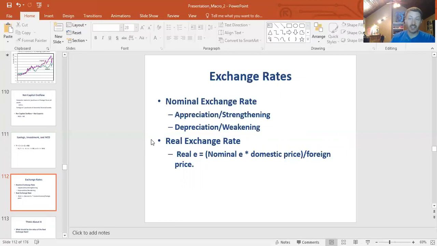Usually exchange rates in America are discussed in terms of the foreign currency relative to the dollar. So it'll usually be the peso to the dollar exchange rate, or the yen to dollar exchange rate, or the Canadian dollar relative to the US dollar exchange rate. We do that as a convention because the US dollar is nominally more expensive than most other currencies.